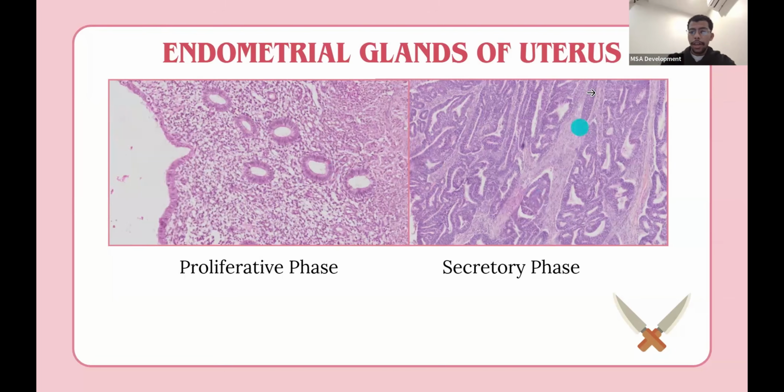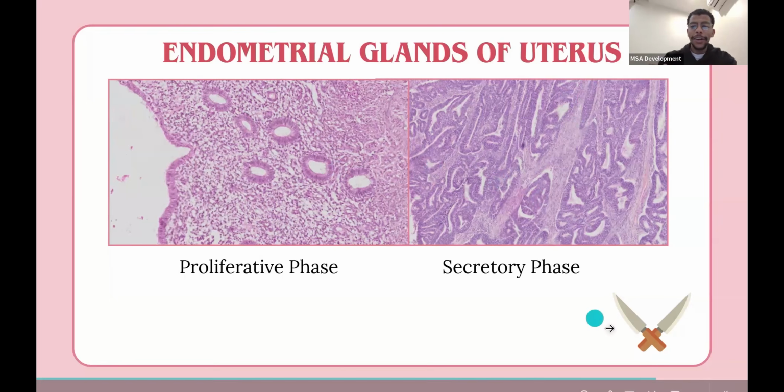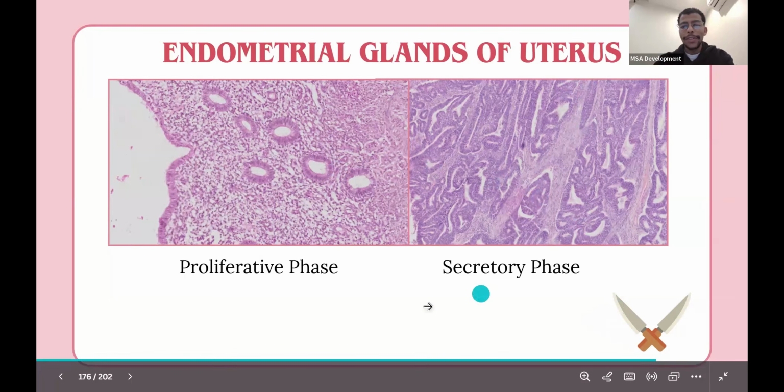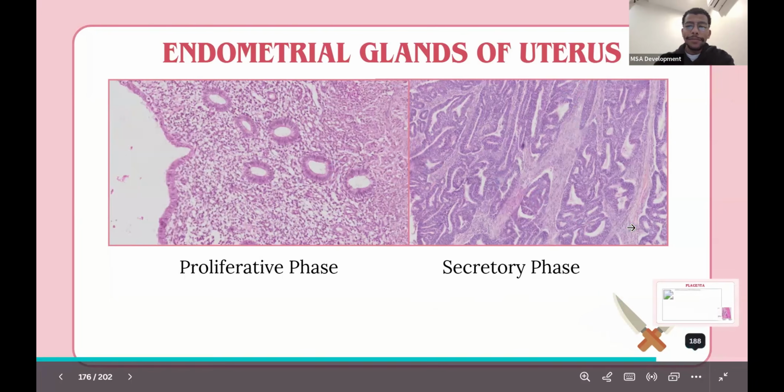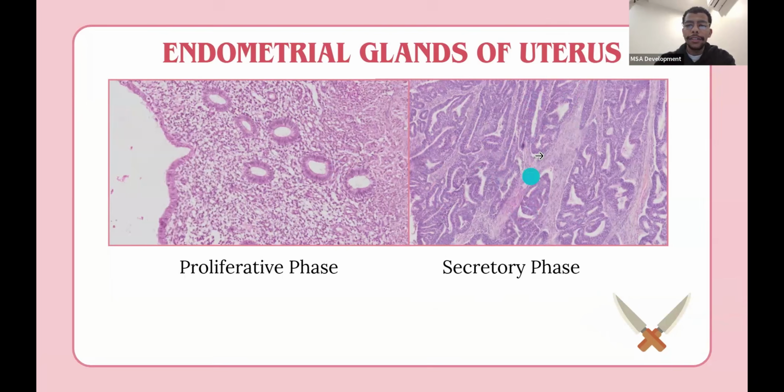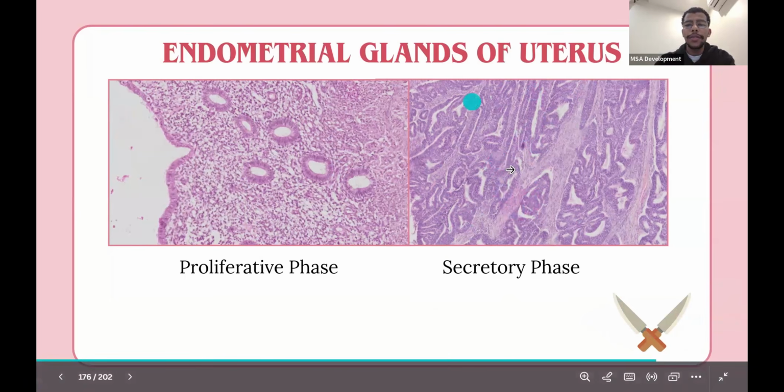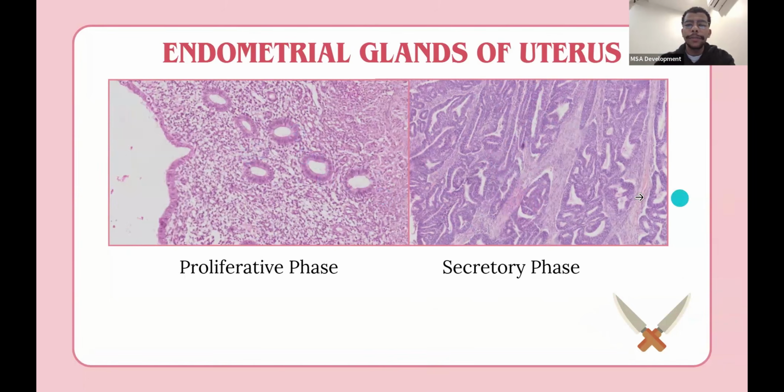And in secretory phase, in Arabic, basically, knives are called sikkin. So sikkin. And can you guys see it kind of looks like knives, like cuts made by knives. So this is the secretory phase. Just remember it. Proliferative phase are these circles.